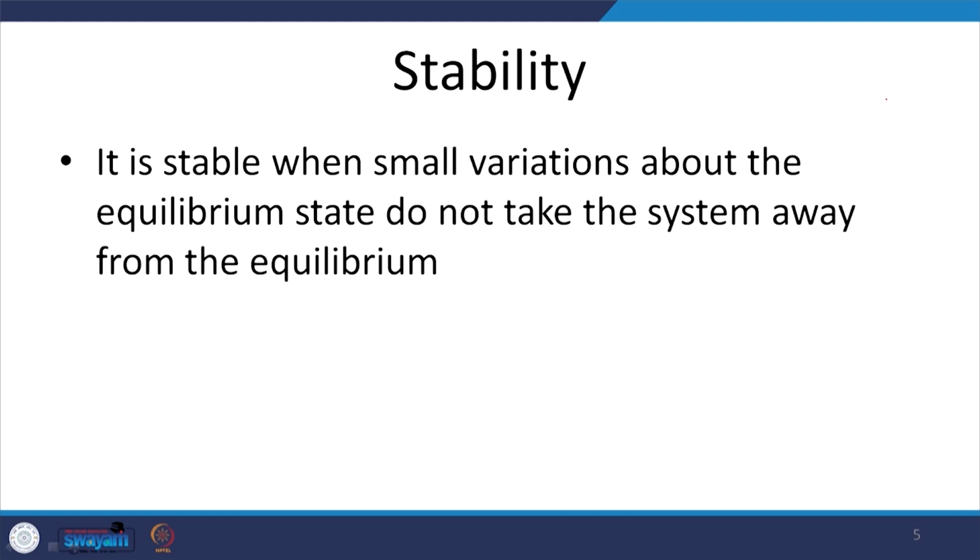That means the external influences are not making the system go away from the equilibrium. So equilibrium is still maintained, subject to small fluctuations which you may induce, right. So this is a stable equilibrium state.